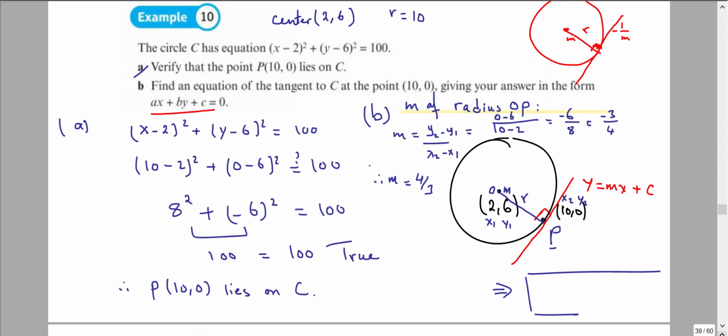After this, write the equation: y equals 4 over 3 x plus c. How to get c? Use the point on the line.